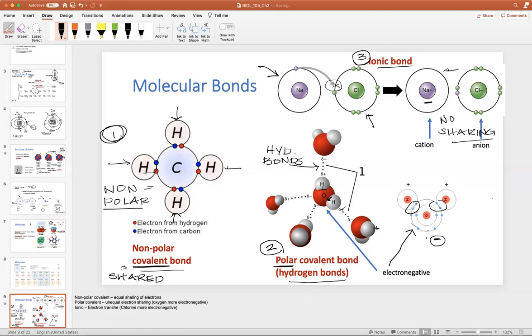It's held together by electromagnetic forces, basically like a magnetic attraction. Okay, so that's an ionic bond, okay? And I want you to know the difference in those 3 types of bonds.